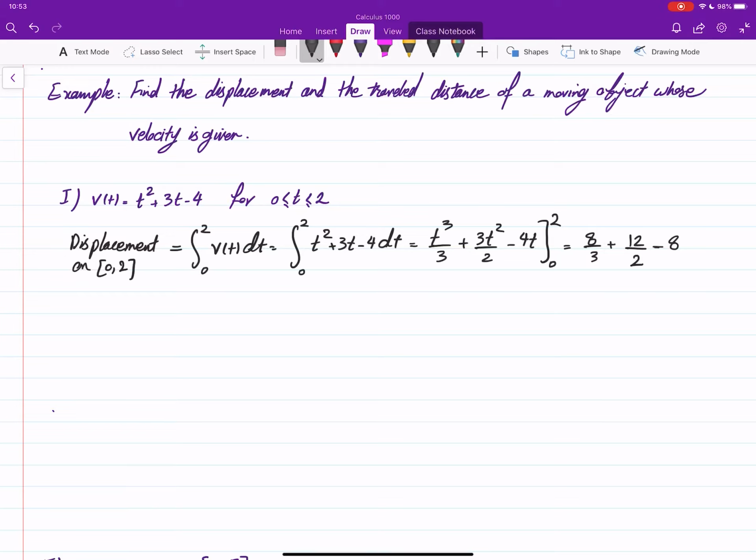And if you simplify this, you notice that 6 minus 8 is negative 2. Negative 2 plus 8 over 3. This will be 8 minus 6 over 3, which is 2 over 3. Very nice. How about distance traveled?